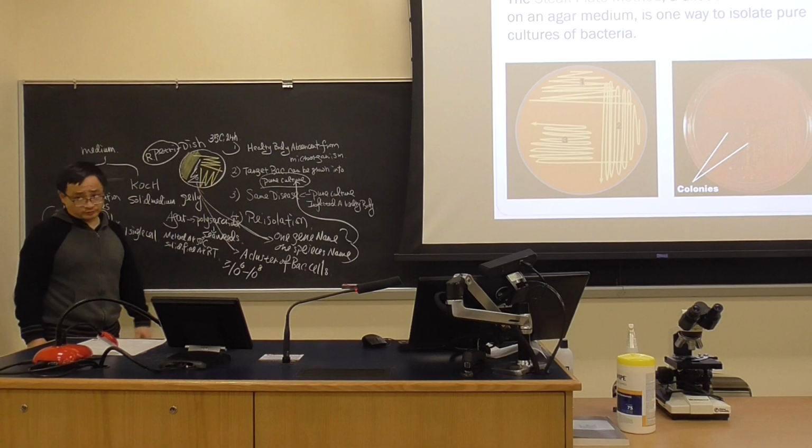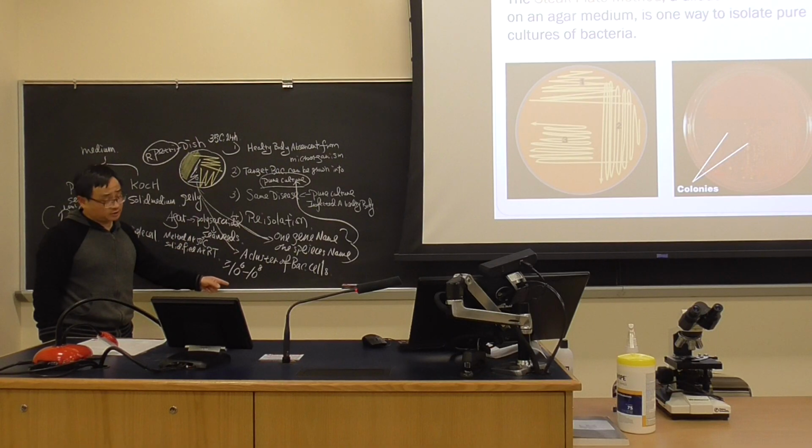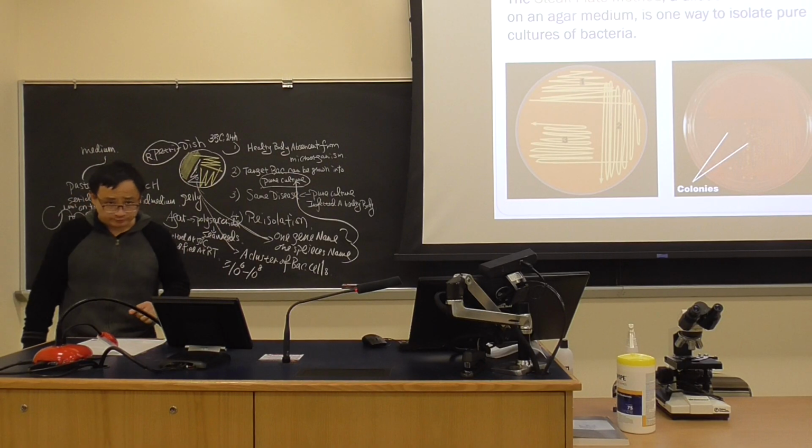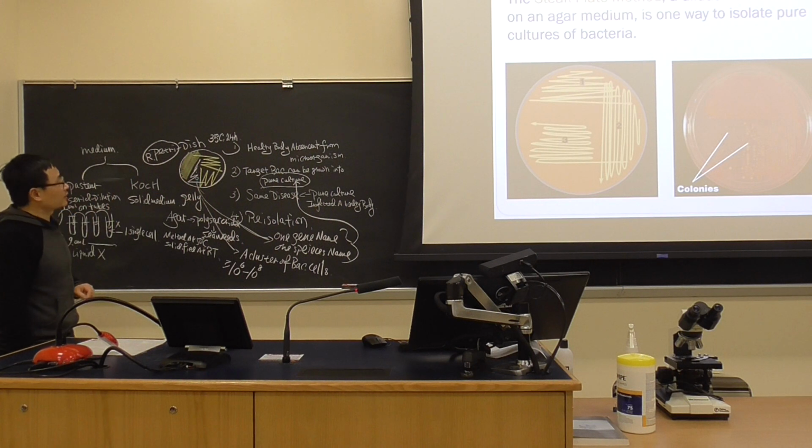That's called a colony. Keep in mind, that is not one single cell. It's a cluster of bacterial cells. A group of bacterial cells coming from one mother cell, representing one genus name and one species name, is called a pure culture. It is very important we have that.